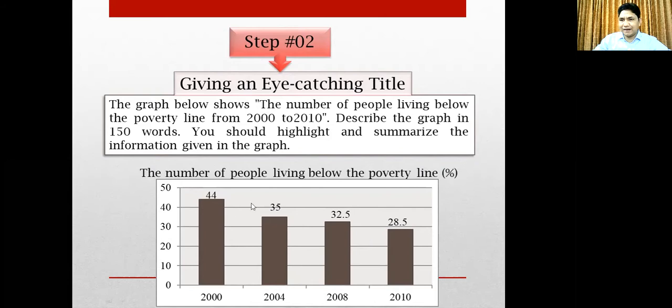So this is the graph given in the question paper, and this is the overall question. So from this question, you will get the title, and the title is the number of people living below the poverty line. Okay. So don't worry about the title. You will find the title in the question paper.